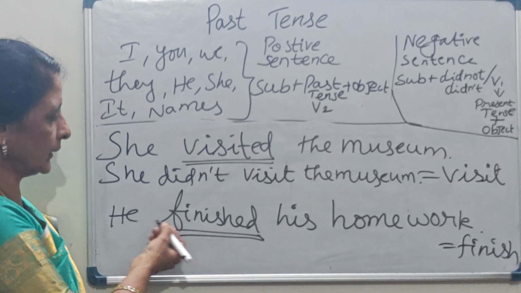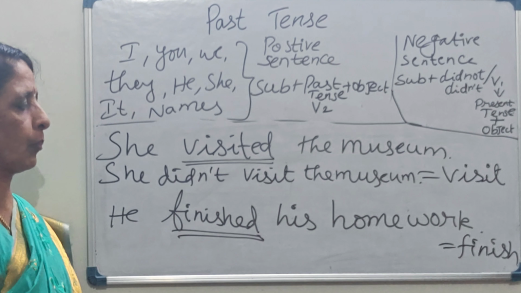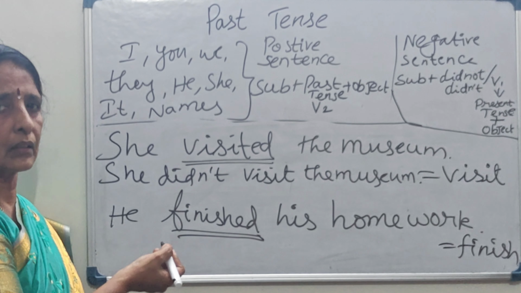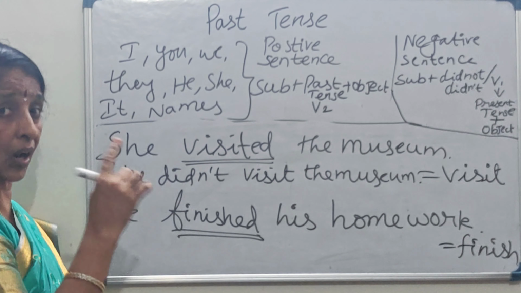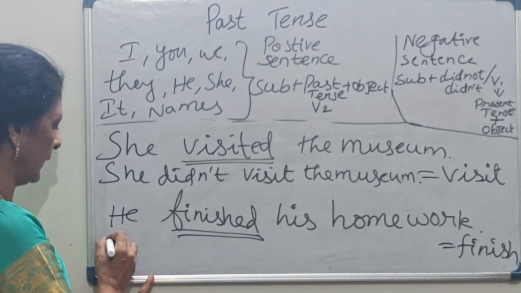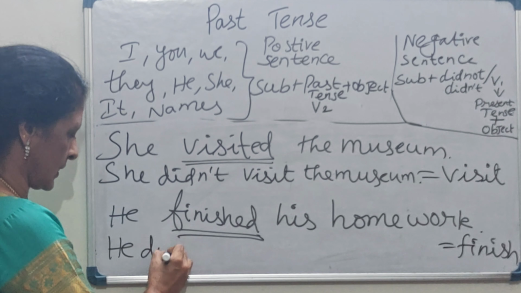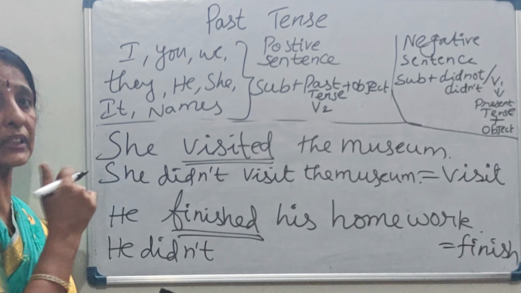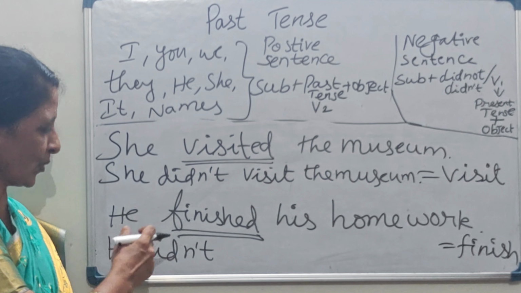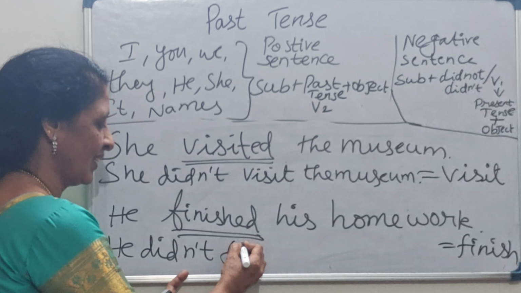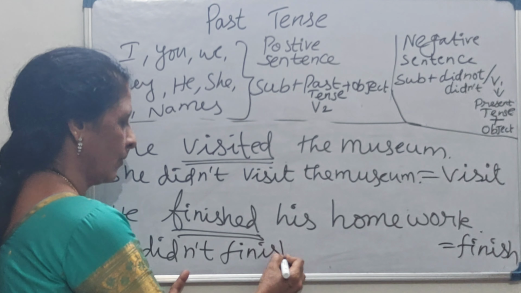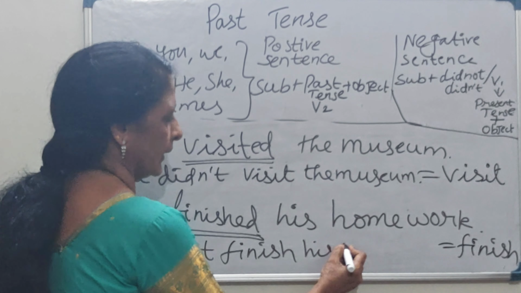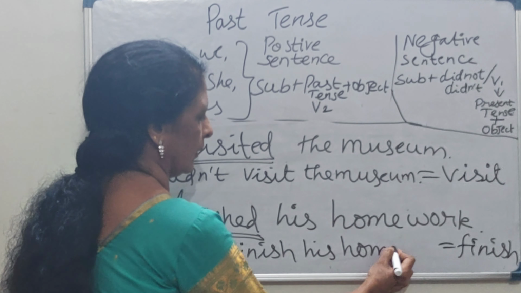Next one, he finished his homework. Suppose the action was not completed in the past. How will we write that? He didn't. The class also used to say, he didn't finish the homework, miss. So, he didn't finish his homework.